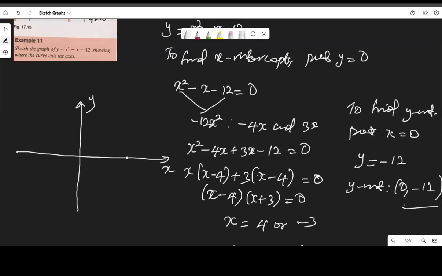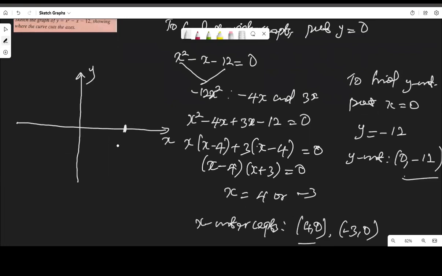I will locate the points. This is the positive side, which is 4 and 0. So let's put 4 and 0 here. On the negative side, we have negative 3 and 0. Let's assume it's here. Negative 3 and 0.